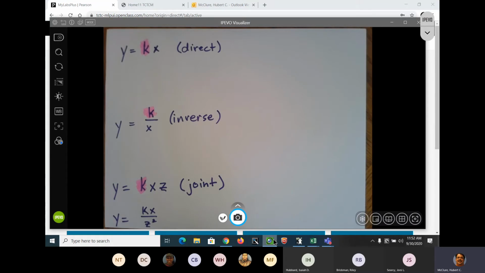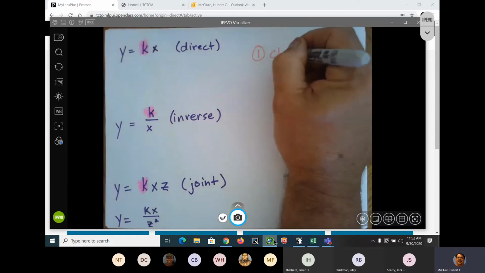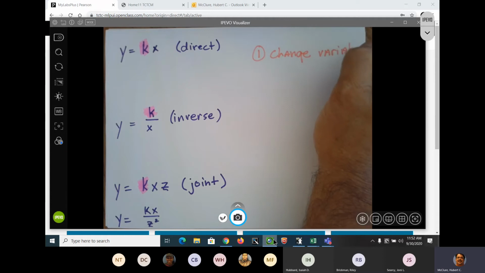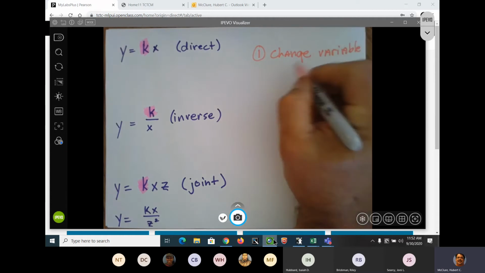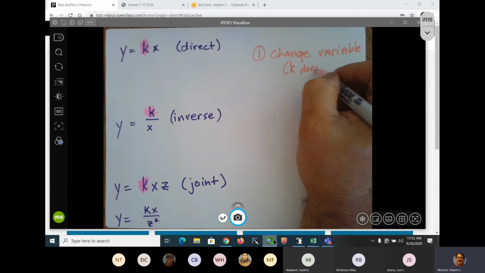All right, remember, there are several questions that are going to be asked. One, just change the variables. Now, I'm not going to give you too many of those on the test, but you will see some in the homework. Change the variables, and K does not change.